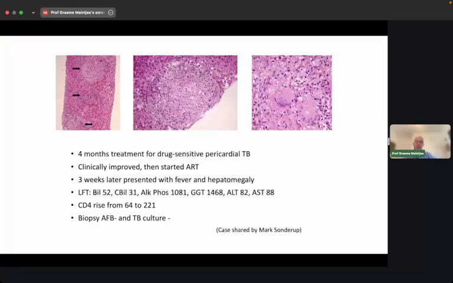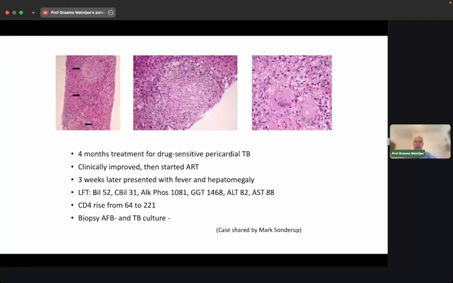This was a long time ago, a patient who had been on TB treatment for 4 months for drug-sensitive pericardial TB. For some reason, there'd been a delay to starting ART. The patient had improved, then started ART, and 3 weeks later presented with fever and a marked tender hepatomegaly.